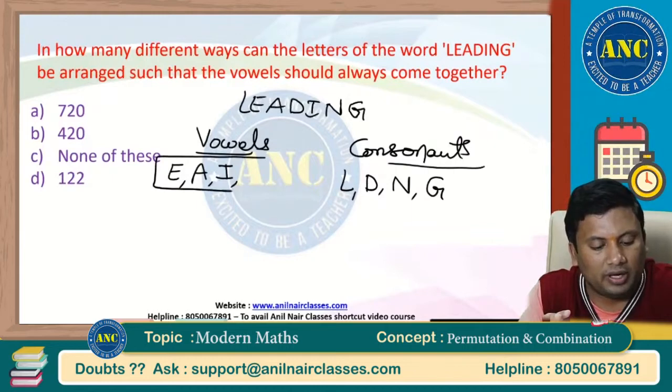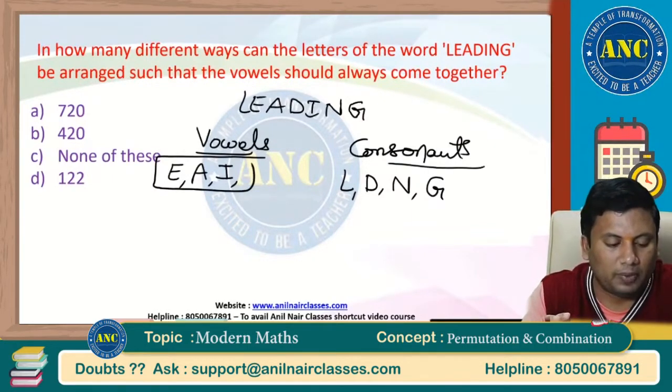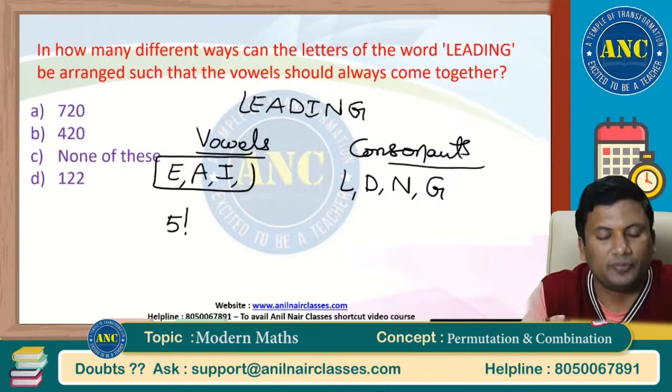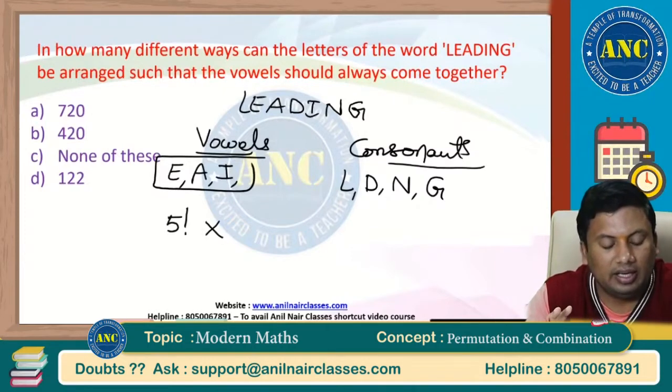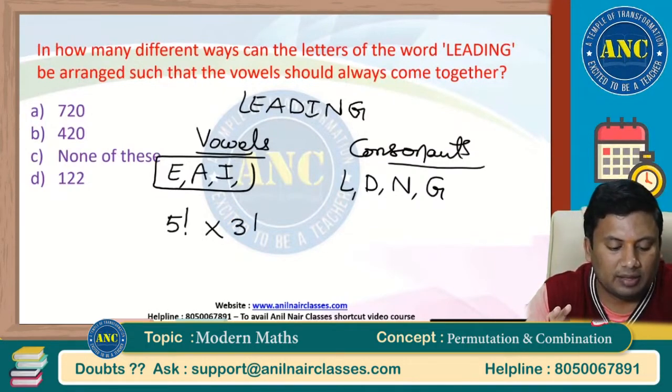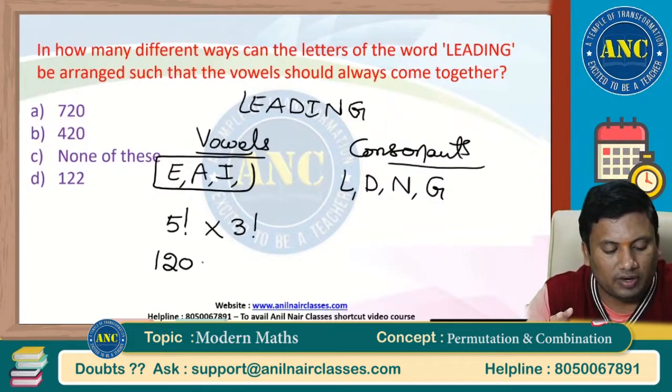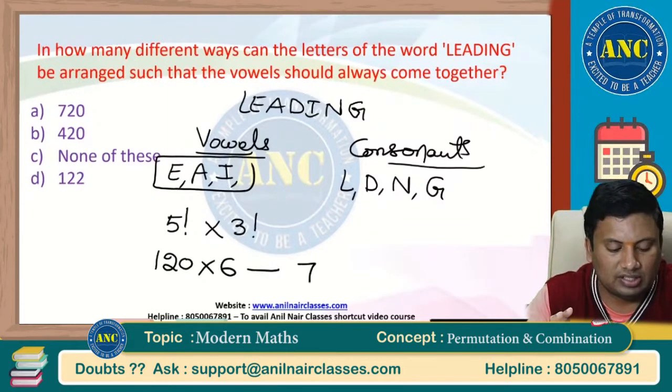The vowels are all coming together, so put them in a basket. 1, 2, 3, 4, plus 1, 5 factorial. These 5 can be arranged in 5 factorial ways. E, A, I, these 3 letters can be arranged in 3 factorial. These are nothing but 120 into 6, which is 720.